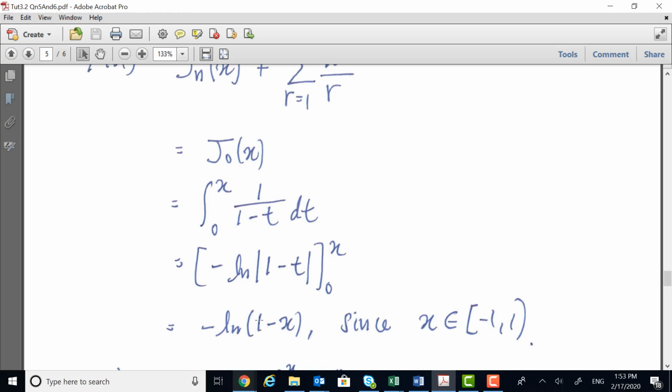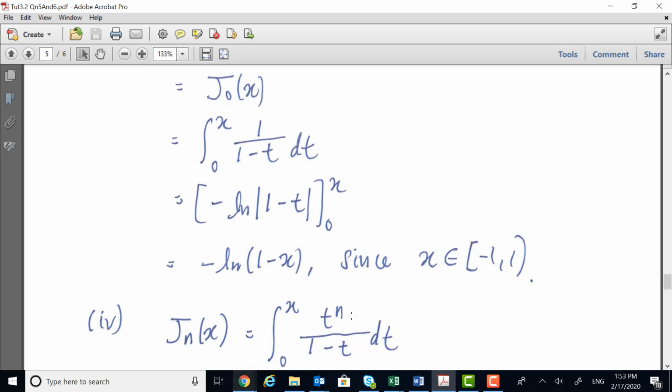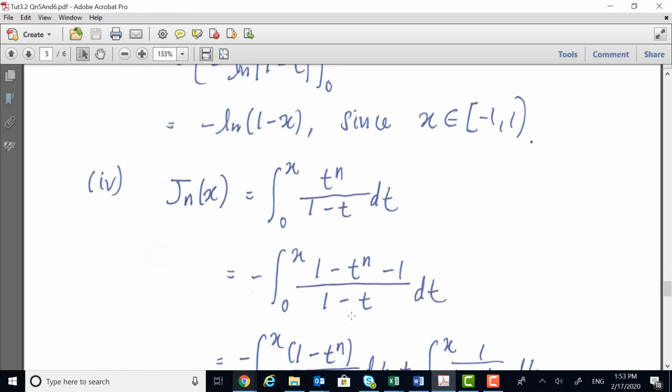It's just a simple integration to give you minus ln of 1 minus x. Do you realize that I didn't put modulus here, because there's no need to put modulus in this case, since x is between minus 1 and 1. This thing will always be positive.